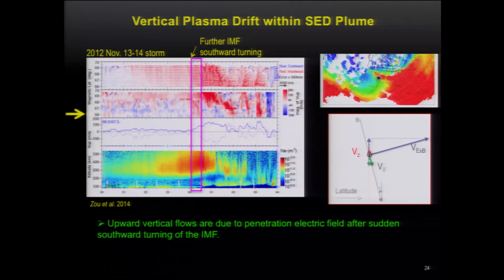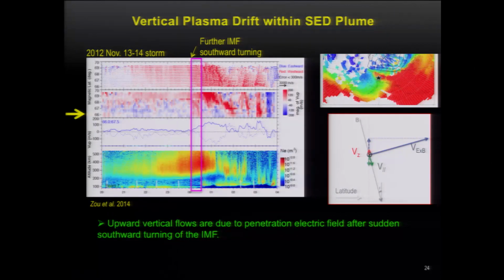But shortly after that, this only lasted for like 20 or 25 minutes, your E cross B contribution is still positive, but the field aligned component becomes very large and downward, and you see the density decrease.